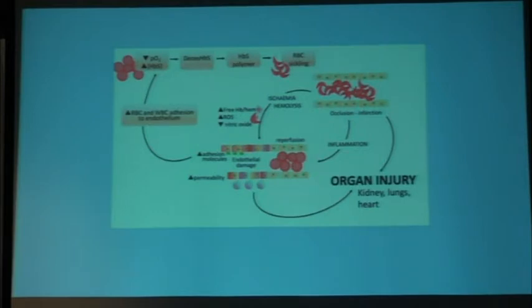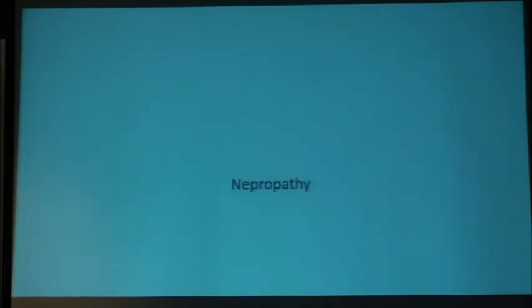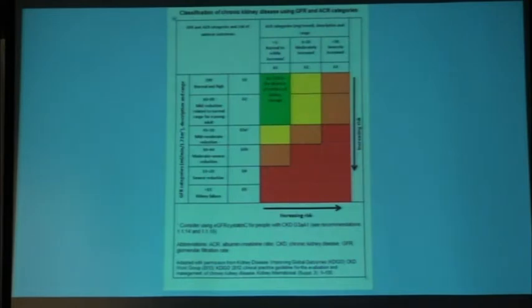From the red cell to a lot of adhesion molecules and a lot of things that are released. Here I wanted to show some of the kidney pathology when you want to classify renal failure, based on the GFR.